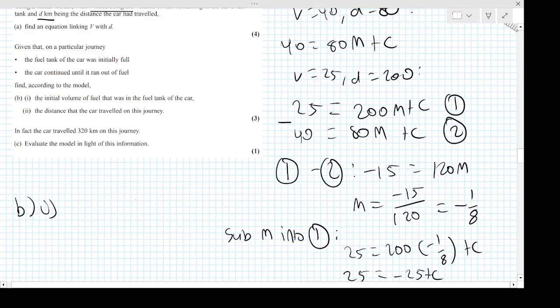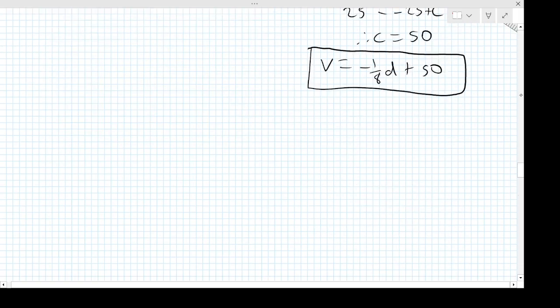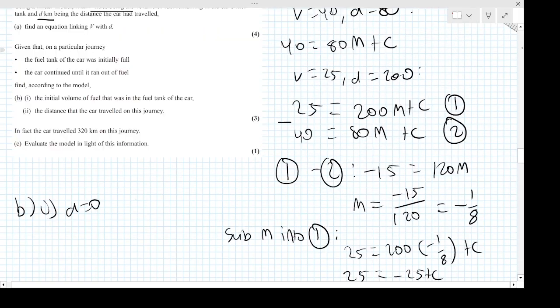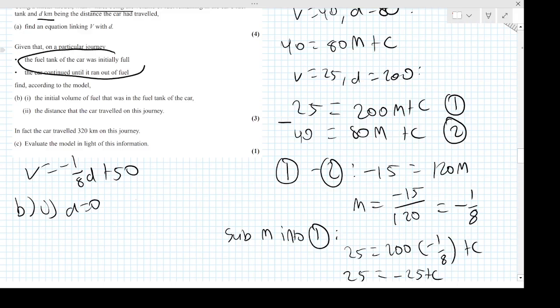So the initial volume is at the start. If it's at the start, the car's not moved any distance, so that means when d is 0, okay? And so I'm going to restate my equation I worked out, v is minus an eighth d plus 50. Well, d is 0 is the initial volume and the car hasn't moved. So it's the full tank, right there.